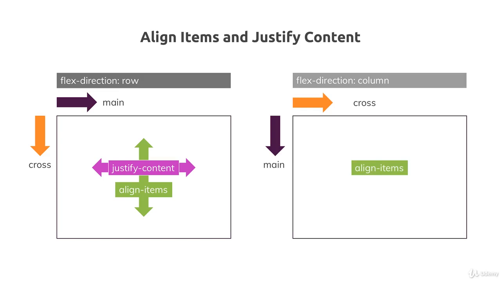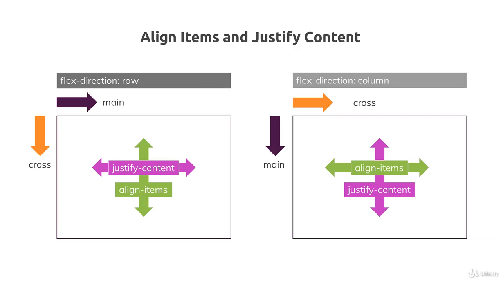From a justify content and align items perspective, we could also say that these two switch their positions. Because align items now simply defines the positioning of the elements along the cross axis, which is now basically along the row, you could say, and justify content defines the element position along the main axis, which is now the column, just to remember that.